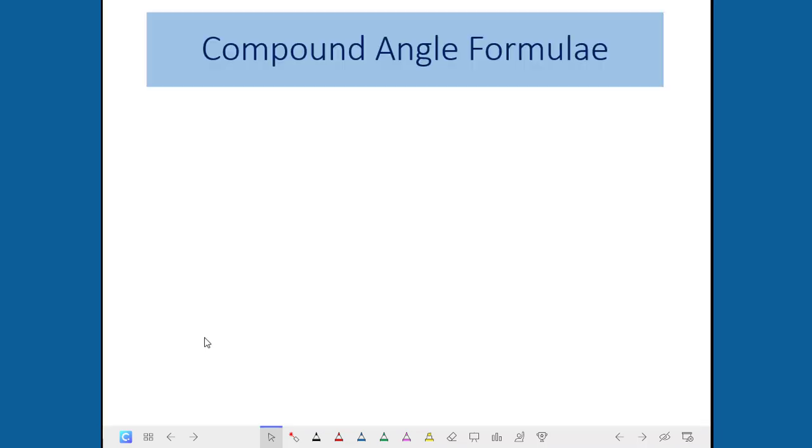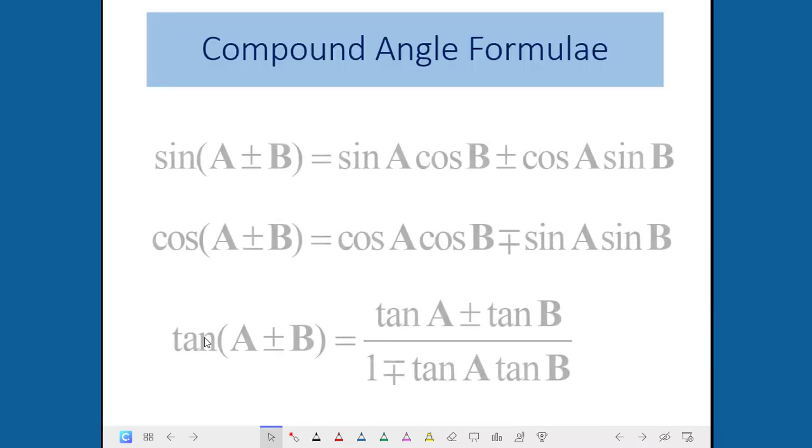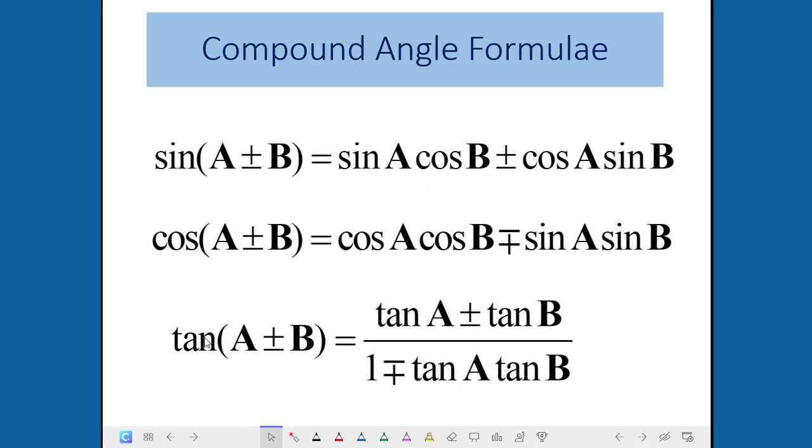For the compound angle formulas, you need to remember these three formulas.